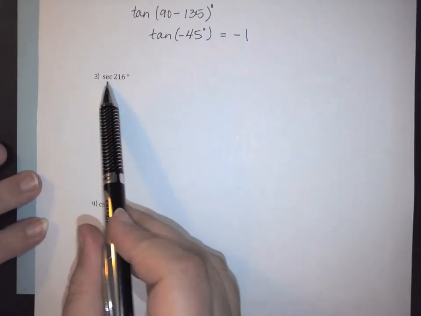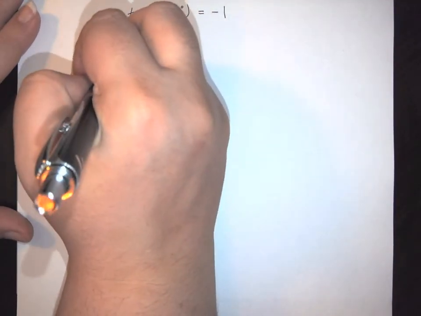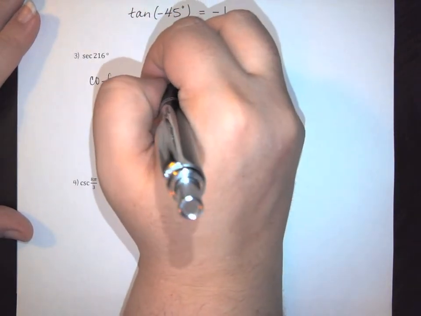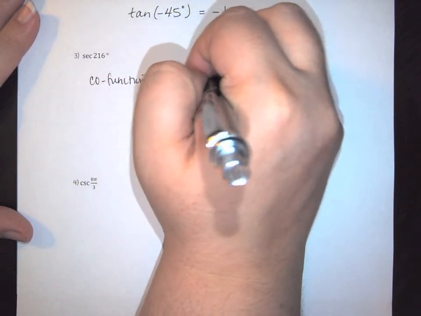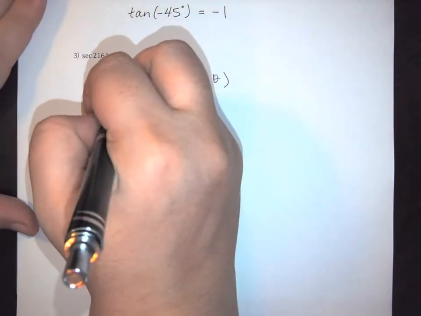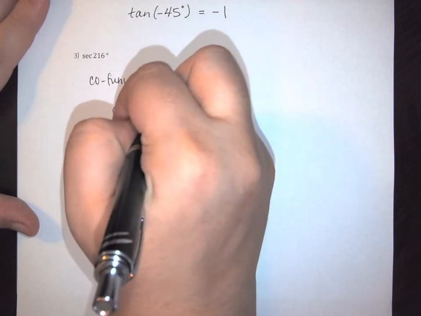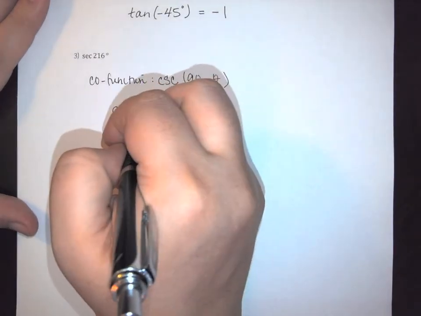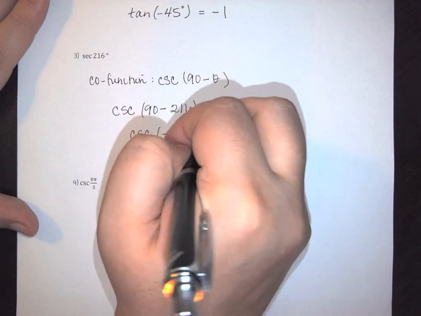The next one is the secant of 216. Remember, when we're talking about the cofunction, we are talking about the cosecant of 90 minus the angle. So in this case, we would have the cosecant of 90 minus 216, which is going to give us the cosecant of -126 degrees.